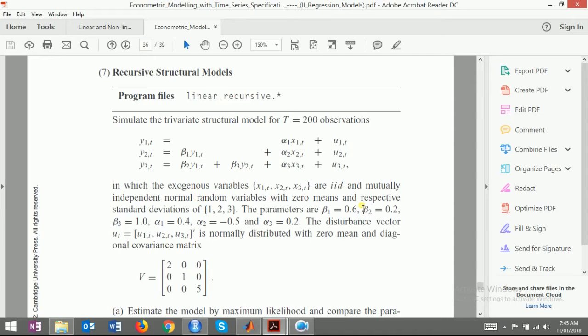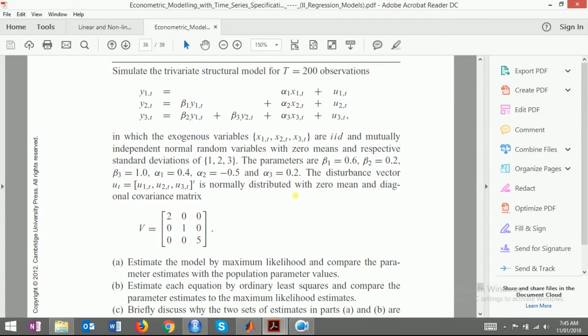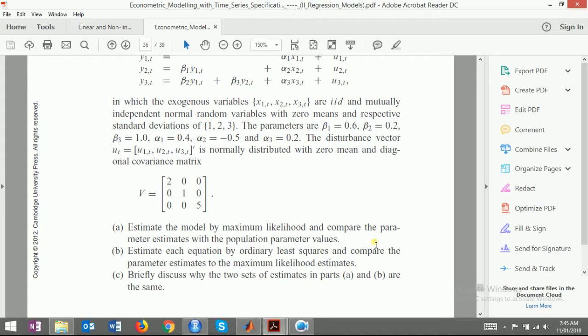The parameter a is 0.6, given to us. The disturbance vector u1t, u2t, u3t is normally distributed with zero mean and diagonal covariance matrix. Estimate the model by maximum likelihood and compare parameter estimates to the population parameter values. Estimate the equations by OLS and compare with maximum likelihood. Briefly discuss why the two sets of A and B are the same.